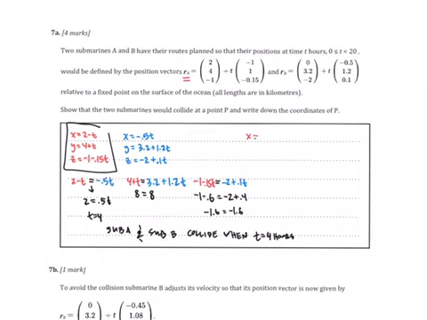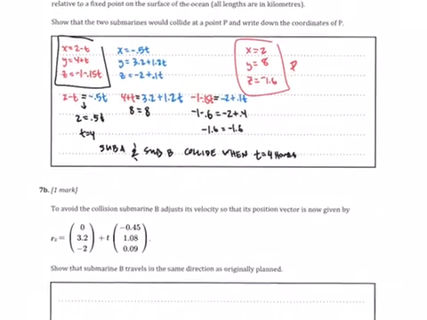We already confirmed that the x equals 2, the y value equals 8, and the z value equals -1.6. So that is the point P where those 2 submarines will collide.